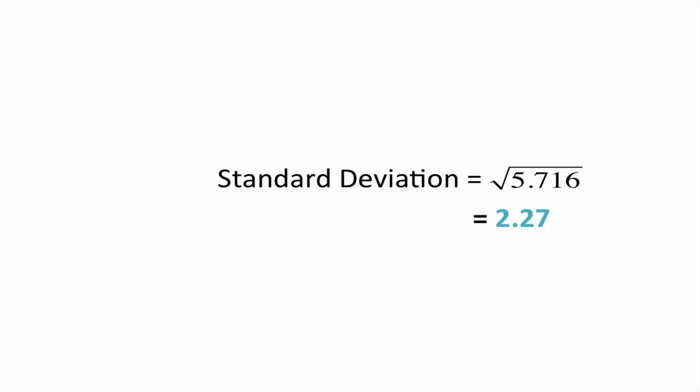So the process basically is calculate a sum of squares, which is the amount that each score deviates from the mean. Divide that sum of squares by the sample size minus 1, and that will give you the variance. And to get the standard deviation, square root that.